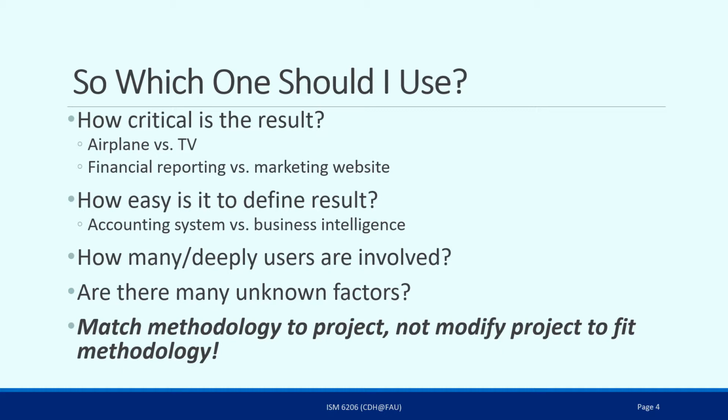But if there are a lot of unknowns, if the project itself is very hard to define, and also if the projects are a little smaller, if the system requirements are a little smaller, then we can probably take an agile approach. Again, it's very important to select the right approach based on the requirements of the project or the system, instead of setting up capabilities and applying the same capabilities to every single project.